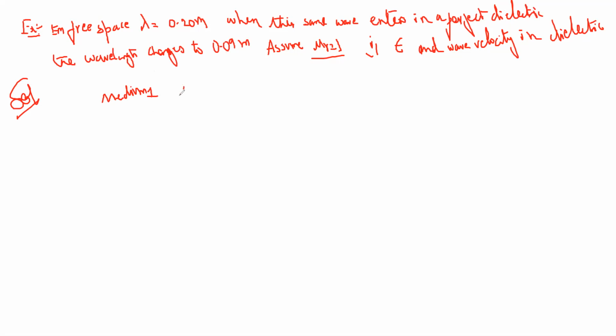In medium 1, the wavelength lambda 1 is equal to 0.2 meters, while in medium 2, the same wave enters another medium and its wavelength changes. It is lambda 2 is equal to 0.09 meters. Okay.